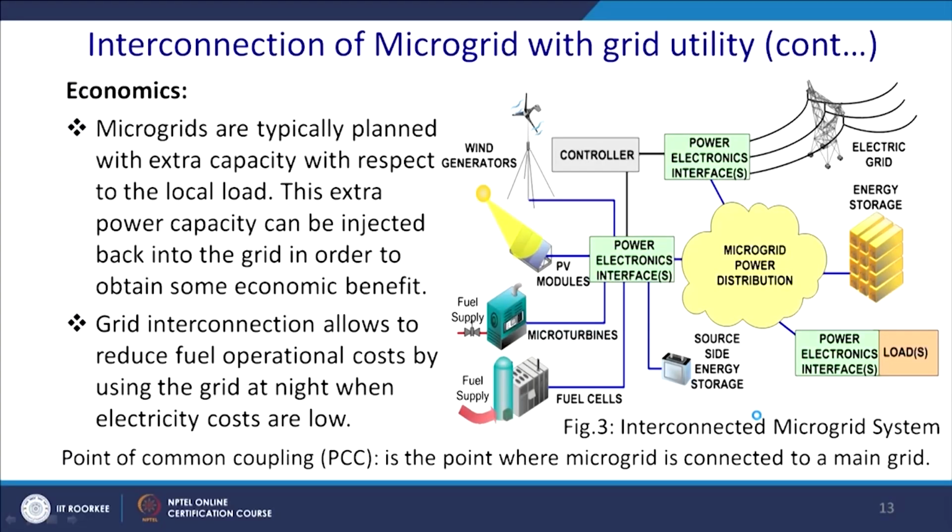Microgrids are typically planned. So, for this you can see that these are wind generations, this is a PV module, this is the micro turbine, and you may have a fuel cell, and ultimately power electronics comes into the picture, and this is the battery, and this is the microgrid distribution, and this is the controller.